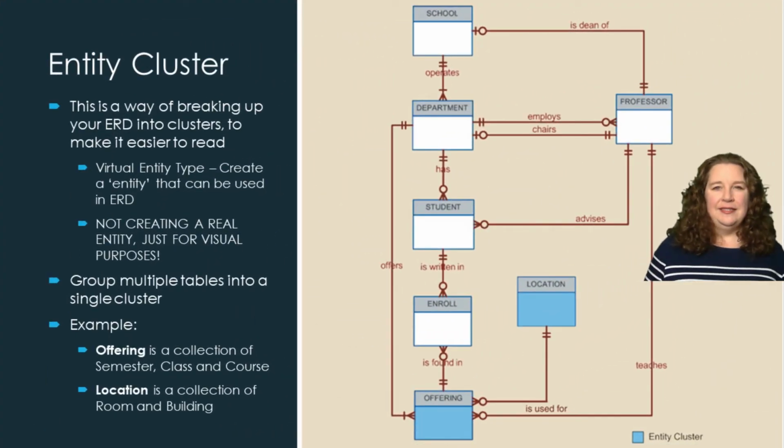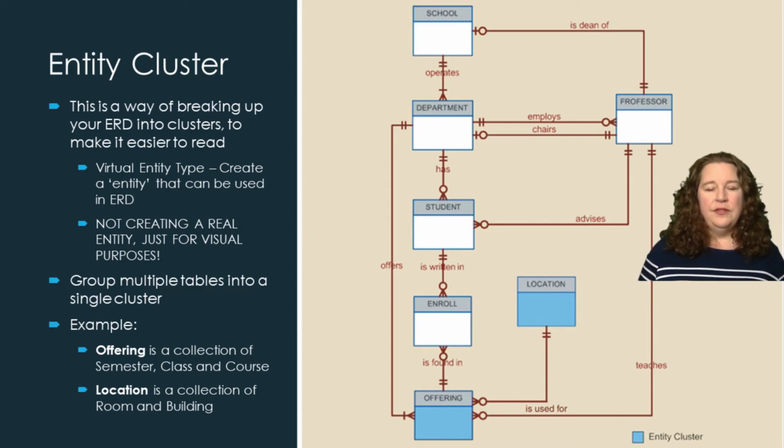All right, now that we've got that covered, let's break into another way of doing our entity relationship, and that is called entity clustering. When you start on a new project, you might have 5 or 6 or 8 tables, and you can get them all in one page and it looks beautiful and you're fine. The more you build on your database, the more tables you create, the more information you're trying to fit on one screen, and the harder it is going to be to keep it all straight.